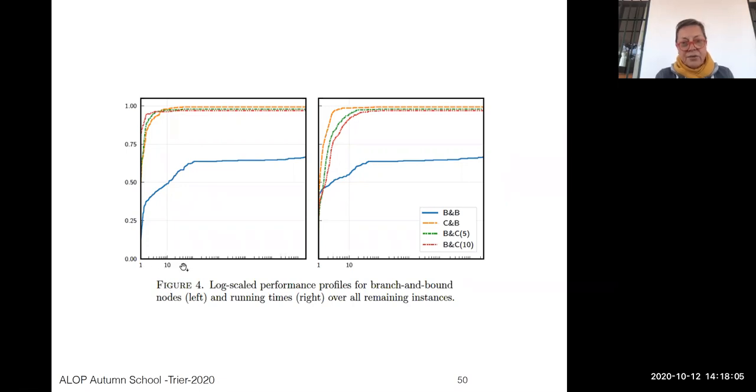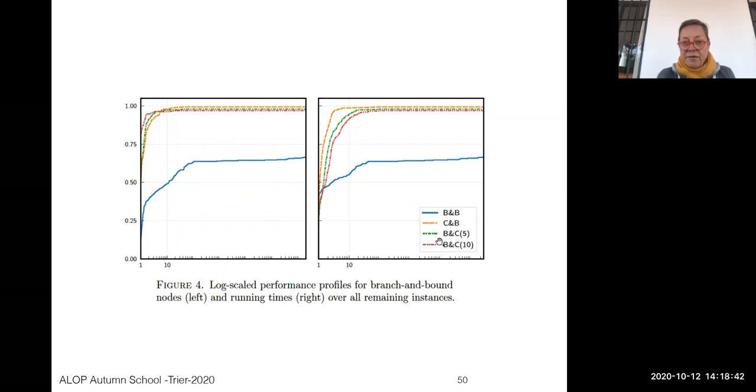You have here the time, and here you have the percentage of problems in your set of instances, so the percentage of instances that were solved within the given time limit. So it increases, of course, and after this maximum time, this is the maximum number of instances that were solved by using the branch and bound.